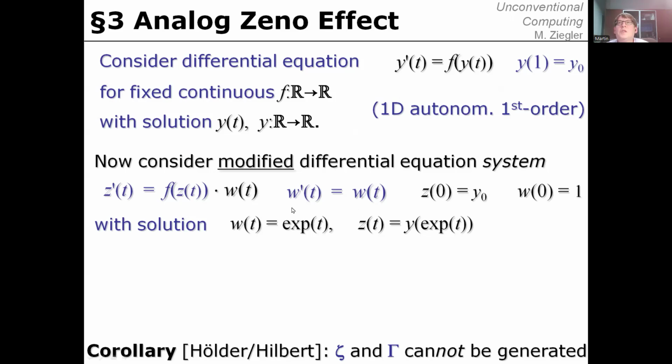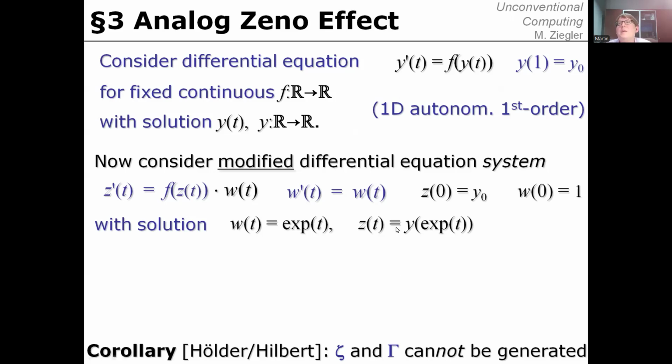And then it's easy to verify that the solution of this differential equation is the original solution composed with the exponential function. Actually, I want you to verify that. So we're going to take a quiz on that. But the gist is that we have now accelerated the solution.